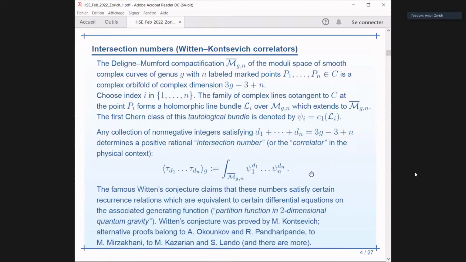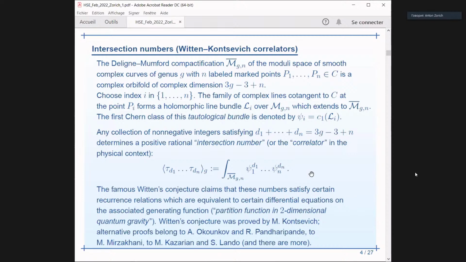Now, the famous Witten's conjecture claims that these numbers satisfy certain recurrence relations. And originally, all these numbers, for all g and n, were wrapped into one generating function.